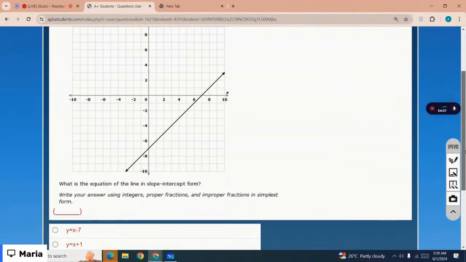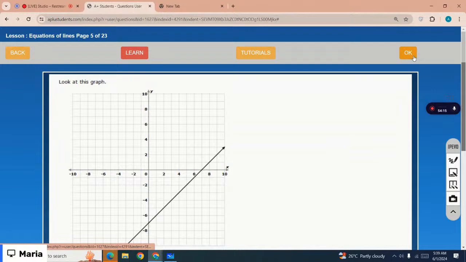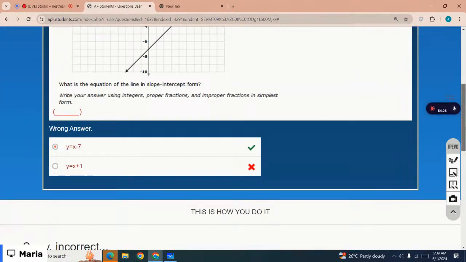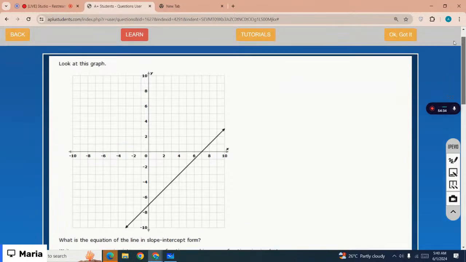The correct option is y equals x plus 1. Option number 2 is the correct option. Oh yes, the y-intercept is at negative 7. Sorry, that is y equals x minus 7.